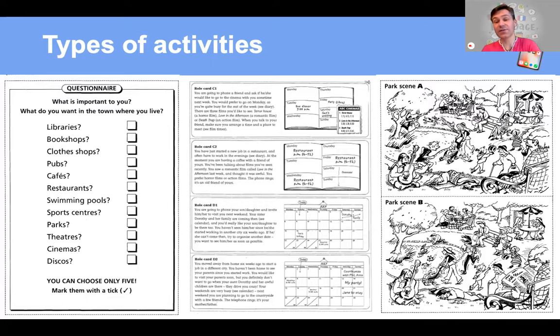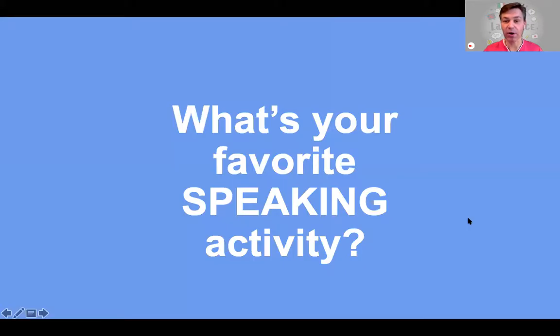Take a look. These are two pictures and they have differences. You can ask your students to take one picture and cover the other one and work together and find the differences without showing the picture to their partner, which will increase the level of communication. Because if your partner doesn't know what you have, then you have to explain this, and for this you have to actually start speaking.